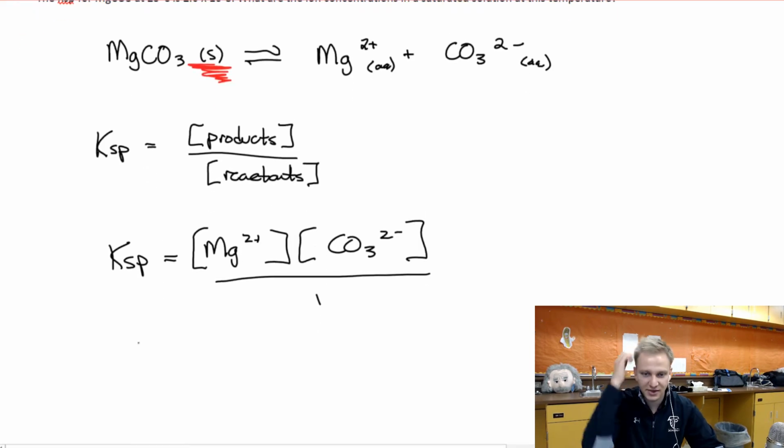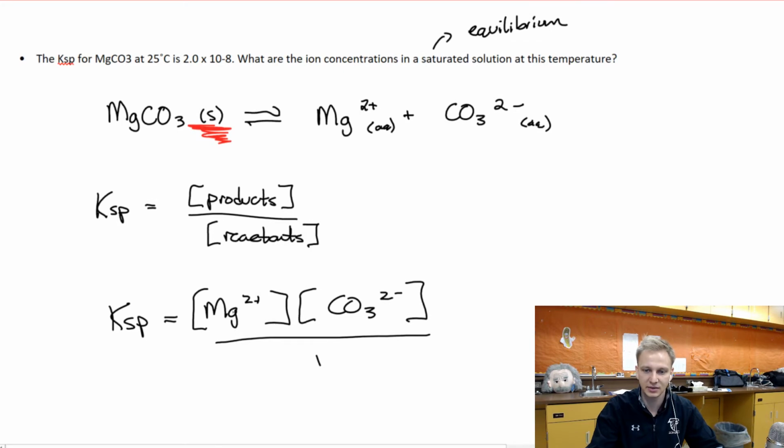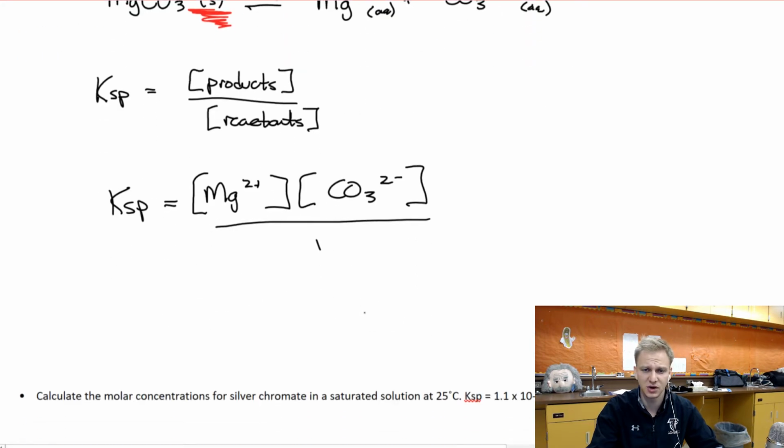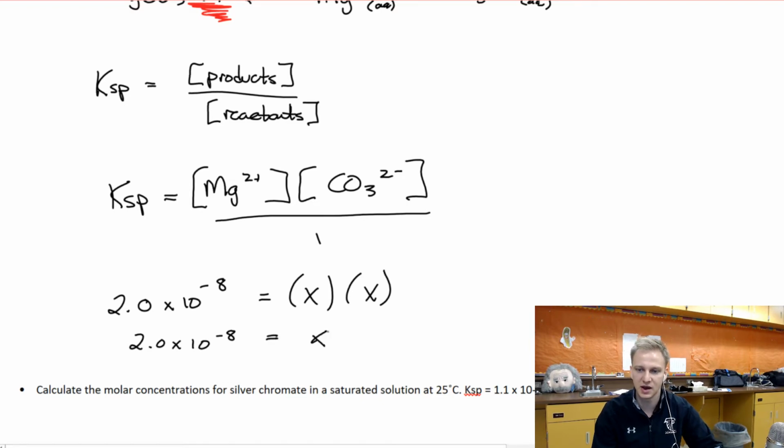And so what we have here is a scenario where we have some x amount here, and some x amount here. We don't know what those concentrations are, but we do know the KSP is 2.0 times 10 to the negative 8. So we end up with 2.0 times 10 to the minus 8 equal to x squared.